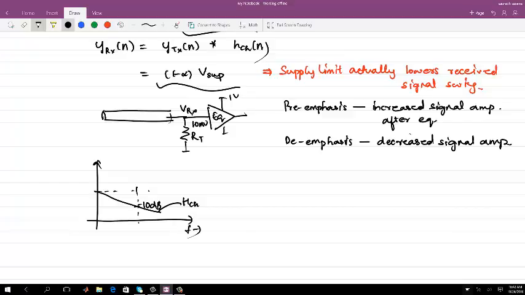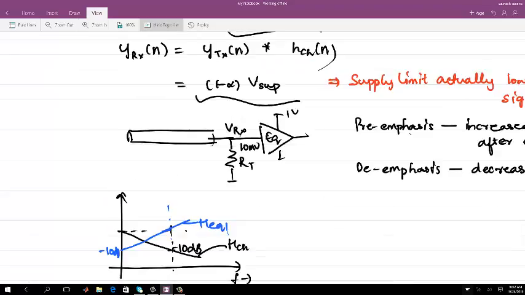If I want to compensate this 10 dB channel, I can do it in two ways. I can have a response like this, let's say H equalizer 1, where it has 0 dB here and minus 10 dB here.